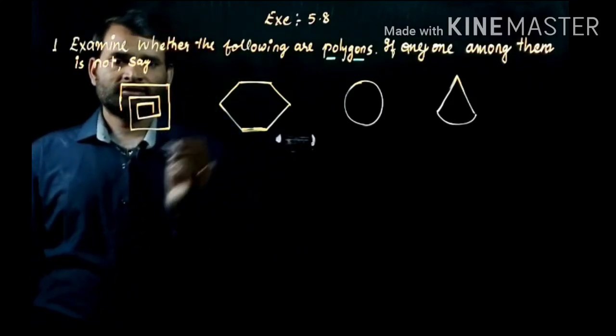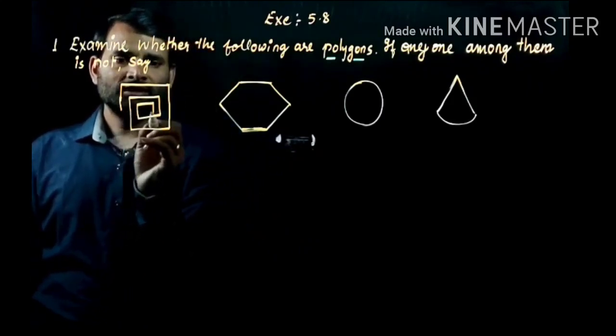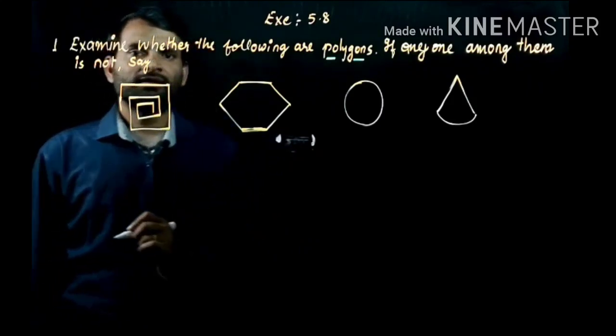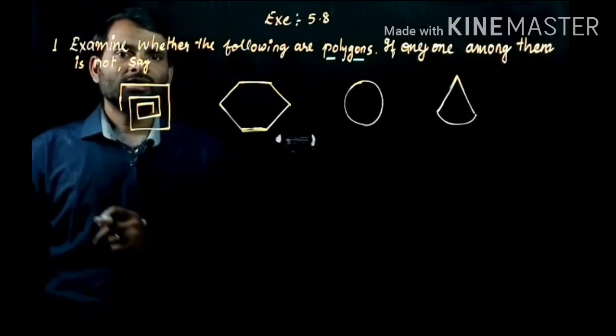Okay, the first diagram is A. You see the starting point and ending point are not joined. It means this is not a closed curve.